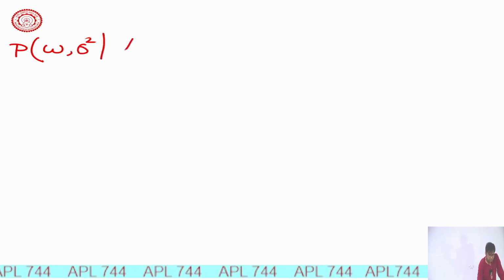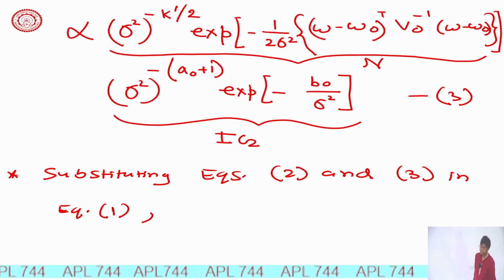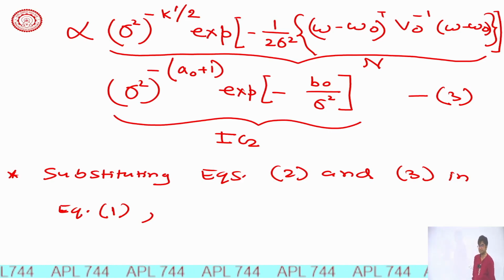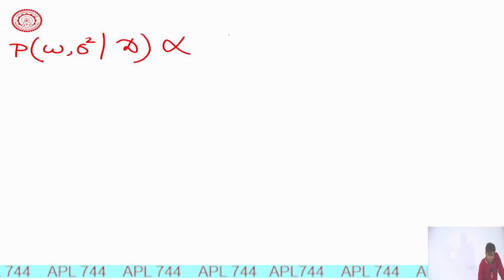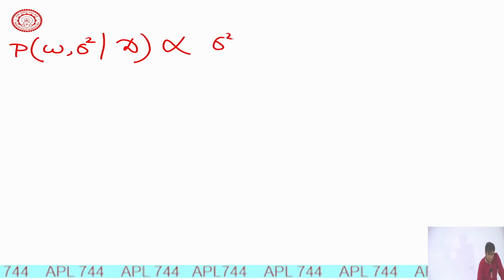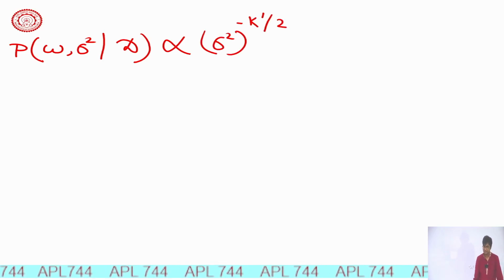I am computing probably this one. This is proportional to, see, there is sigma square to the power minus k prime by 2, which I will keep as it is. Okay. So the first term I am taking is sigma square to the power minus k prime by 2, which I will not touch.